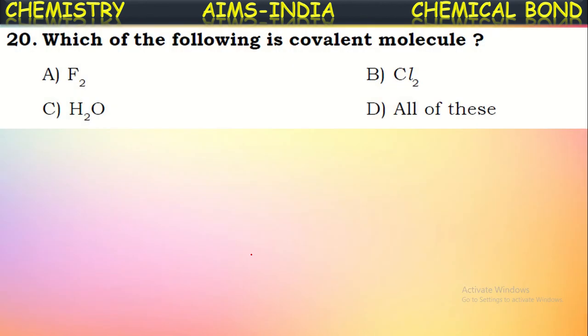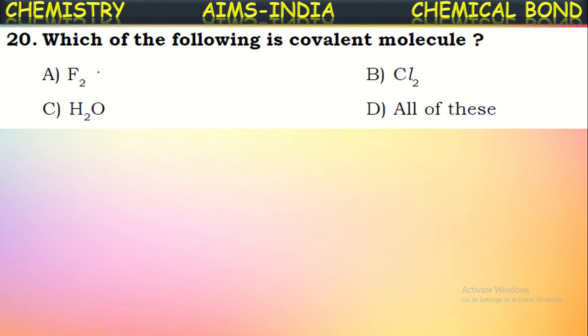Next one. Which of the following is a covalent molecule? A covalent molecule means a molecule which is formed by the mutual sharing of electrons between the atoms. See, in all these molecules, electrons are shared between the two atoms, hence these molecules are formed.